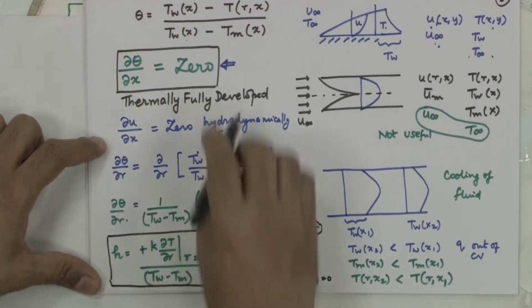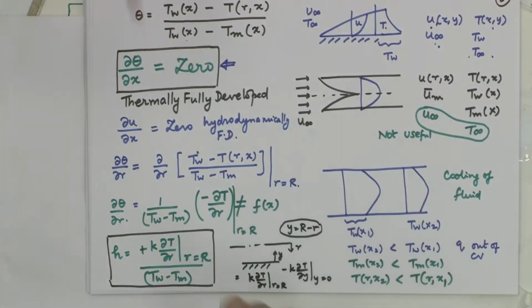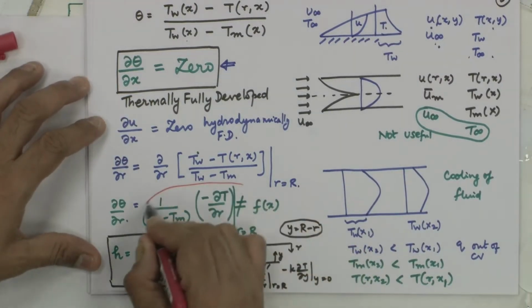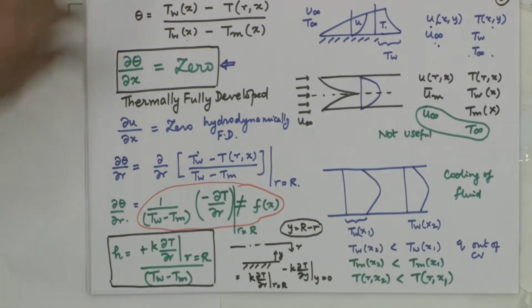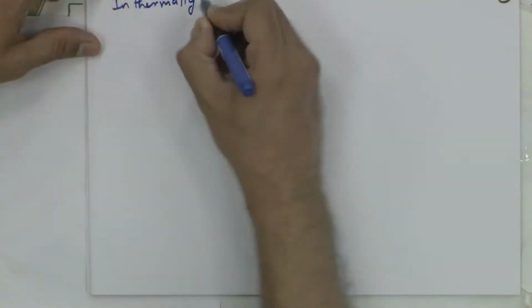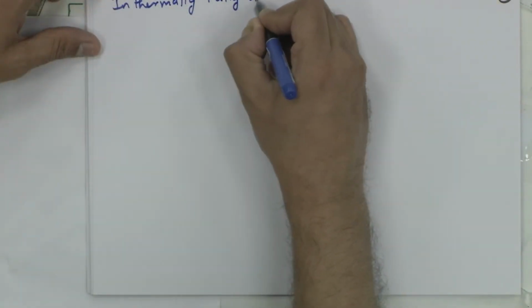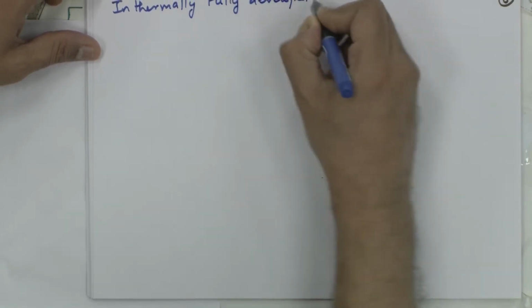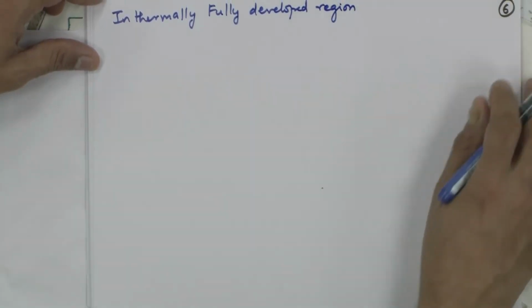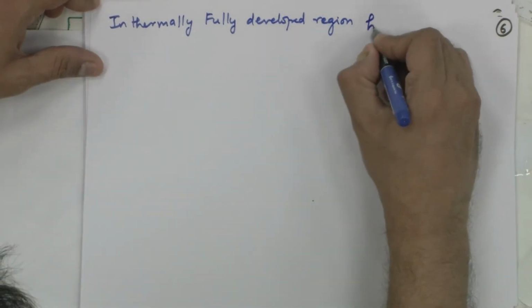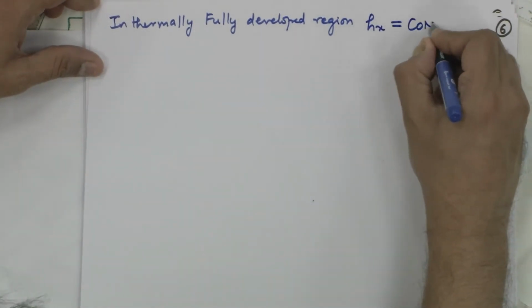This quantity which I derived here is nothing but my heat transfer coefficient, and this heat transfer coefficient is not going to be a function of x. A very useful and important result. What does it mean? In the thermally fully developed region, the local heat transfer coefficient is constant.